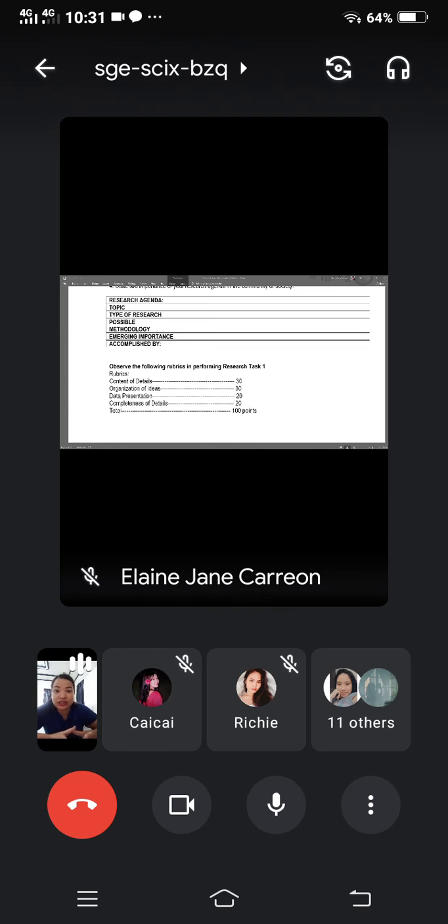Yung mismong grupo lang na yon para hindi masyadong marami yung nakakarinig na kaklase ninyo. So, yun sa inyo, yung problem nyo, yung research nyo, tayo-tayo lang nakakaalam. So, very hands-on ang gagawin ko sa inyo para makabuo kayo ng research nyo na quality talaga.